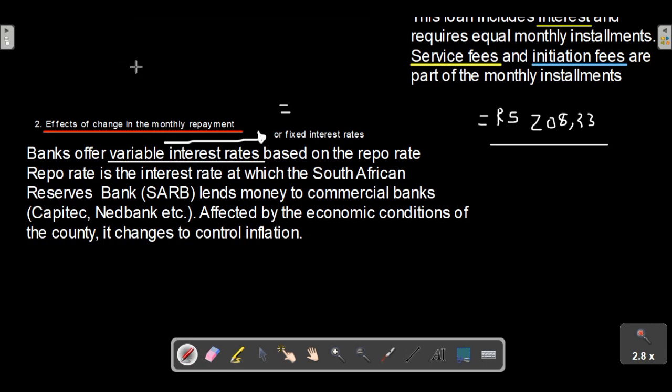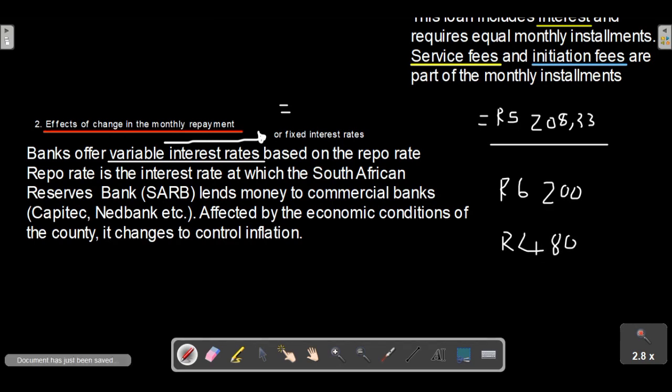Let's say this month maybe you paid that 5,208 and 33 cents. The next month you could be paying 6,200 or 6,300. The other month you can be paying 4,800.